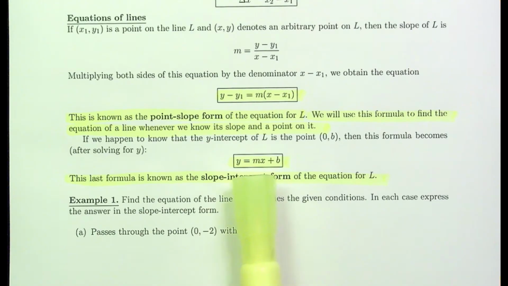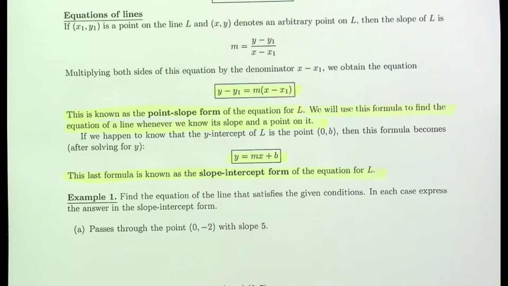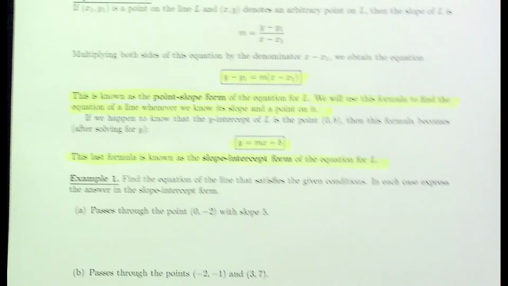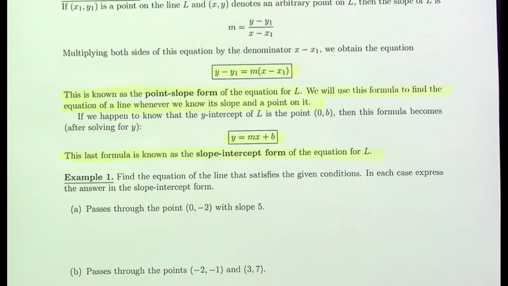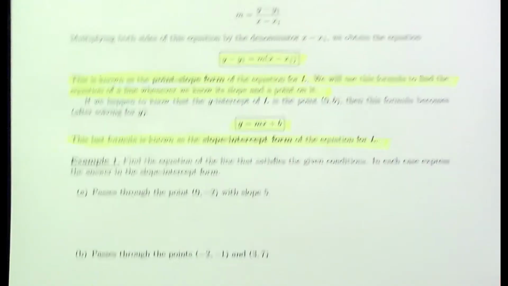So whatever is in front of the x, the coefficient of x is the slope of the line, as long as you have solved for y. So that's one way you can figure out the slope of a line. If you have the equation, solve for y, and look what is in front of the x. Look at the coefficient of x. Whatever that number is, that's the slope of the line.